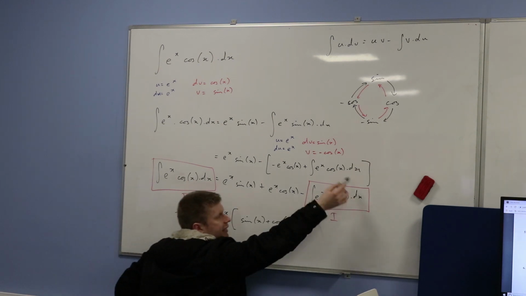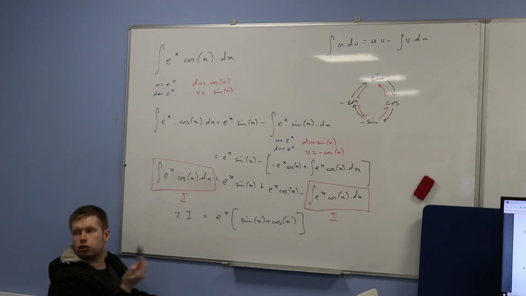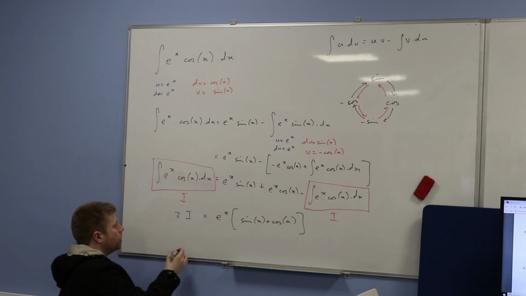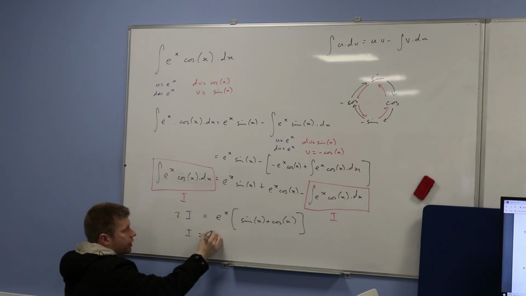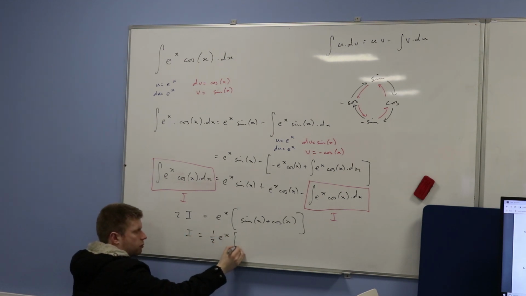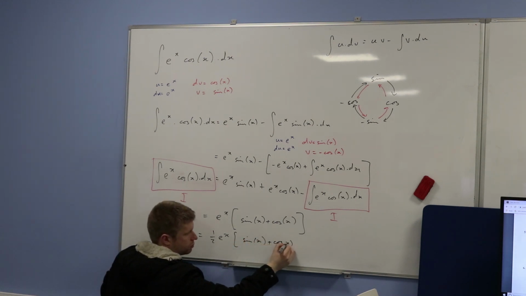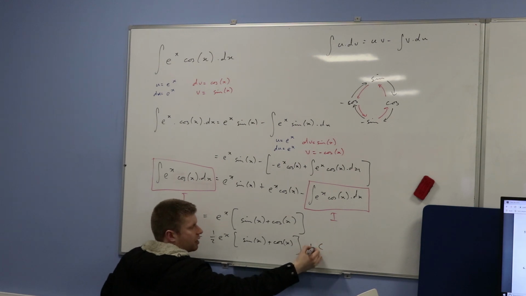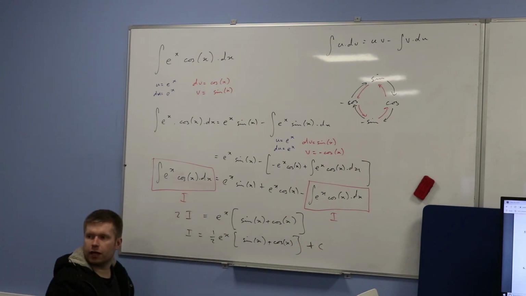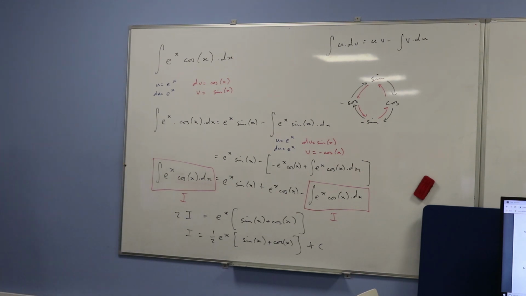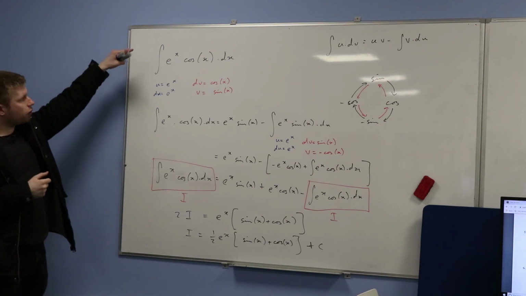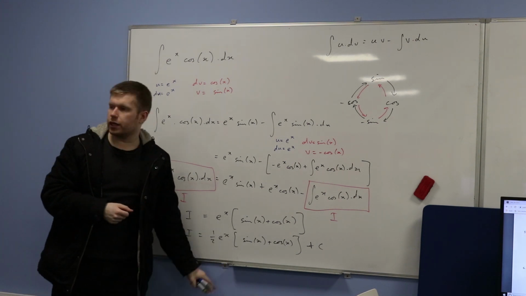I've literally just added that integral on that side, so now I've got two lots of that integral on the left. Okay? Which means that my integral is just going to be half of this. And I guess I should add a c as well, because of course when I integrate an indefinite integral, I'm expecting a plus c. Does that make sense to everyone? Yeah, so in other words, the integral of this thing is just equal to this thing.